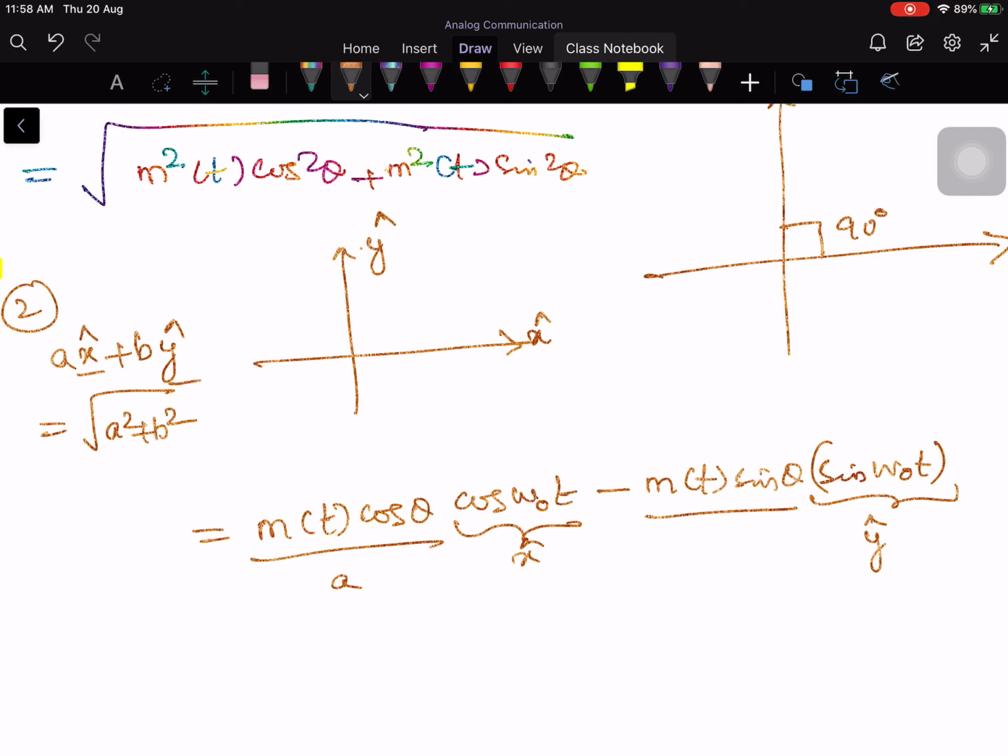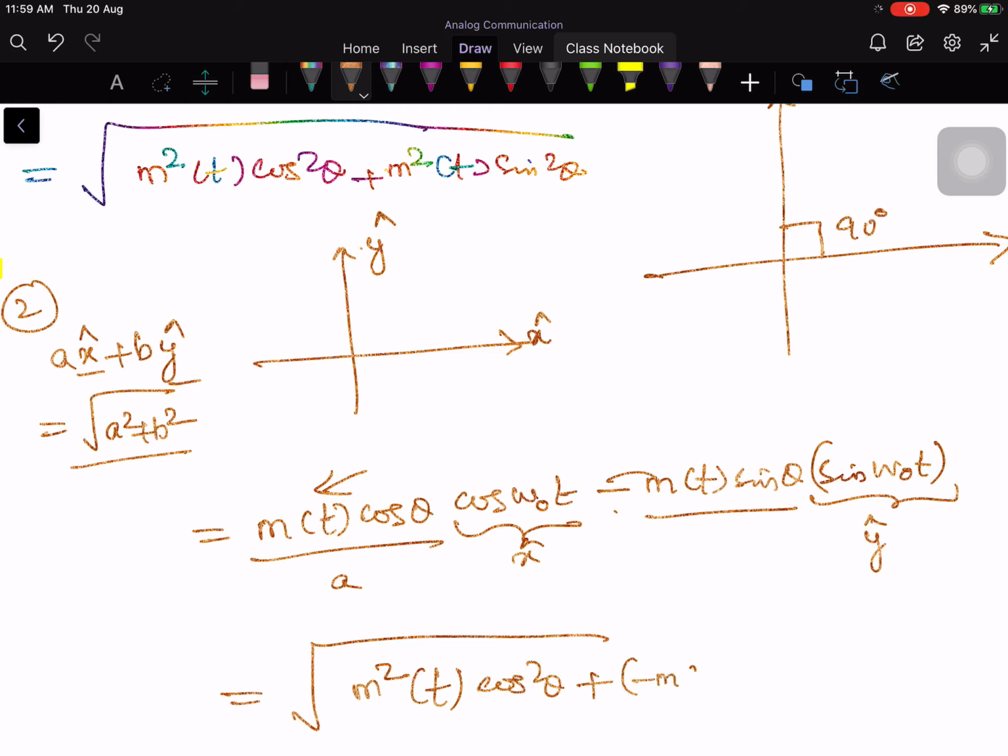So the magnitude is square root of a square plus b square. Similarly, here it is not simply magnitude, it is instantaneous magnitude because it is a function of t. Therefore this is called instantaneous magnitude. So m square of t cos square theta plus m square of t sin square theta.